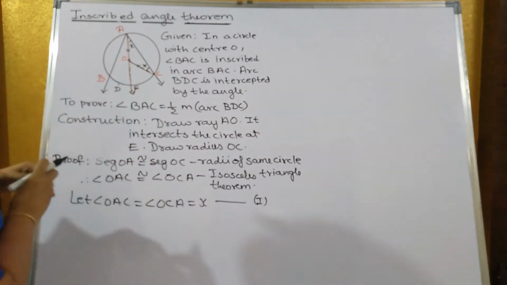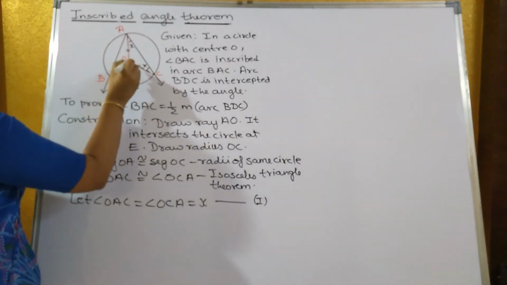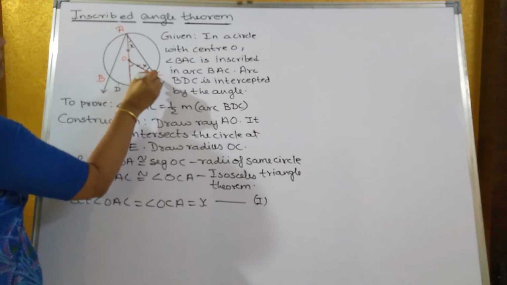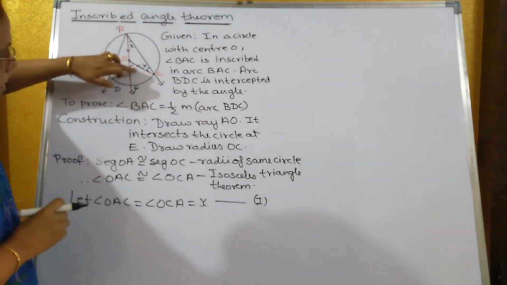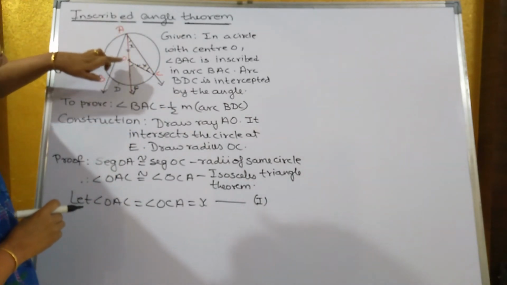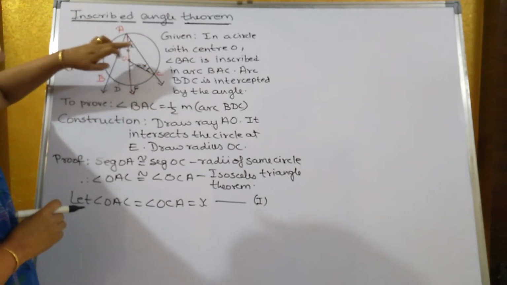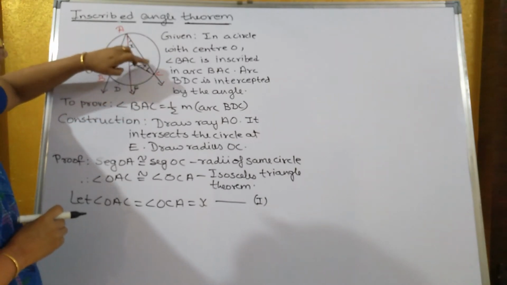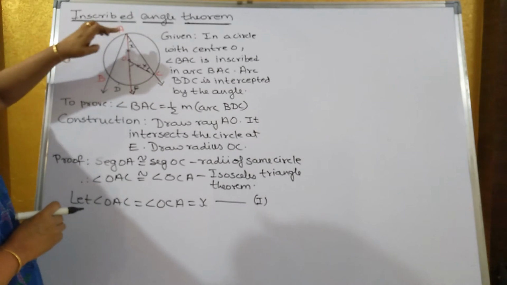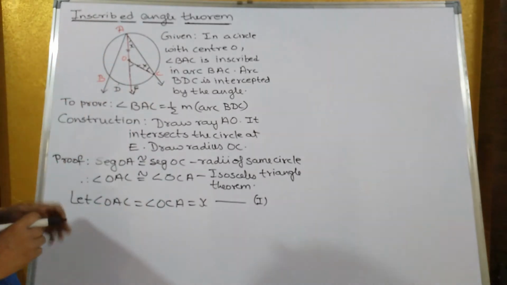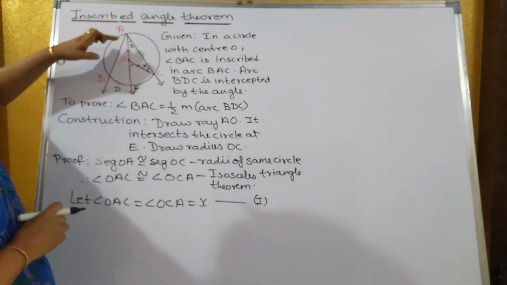Now this angle EOC is the exterior angle of triangle OAC, and we know that exterior angle is always equal to the sum of the remote interior angles.